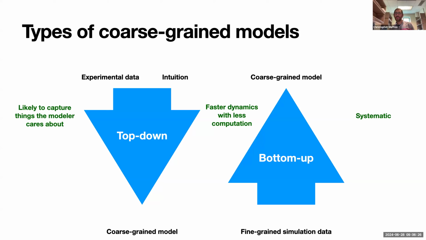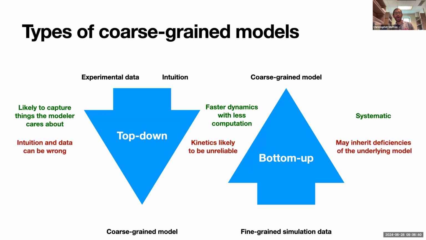Both of the top-down and bottom-up approaches will tend to speed up different dynamics in the system by different amounts, which means that the kinetics that you get from a coarse-grained model in general are not going to be very reliable. And another disadvantage of a top-down model is that your intuition or your data might have flaws.